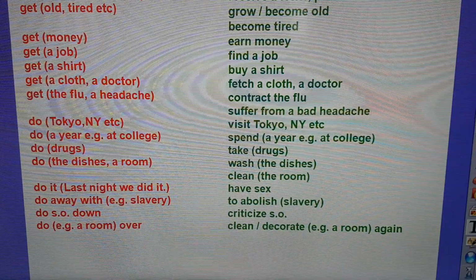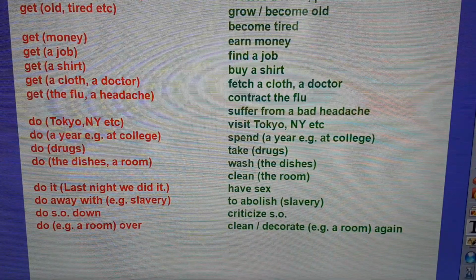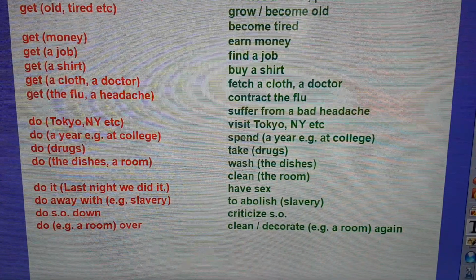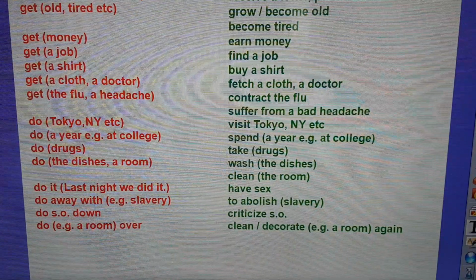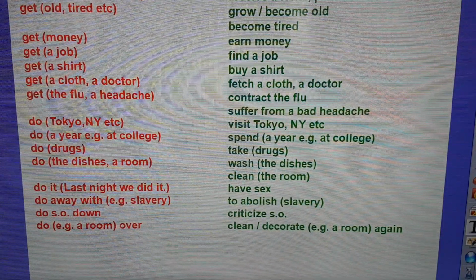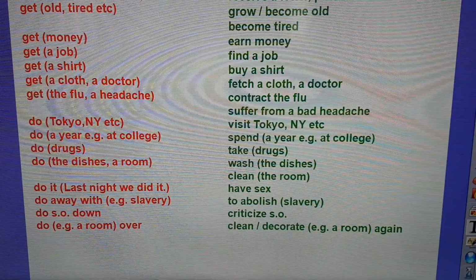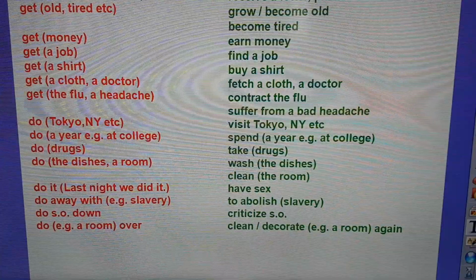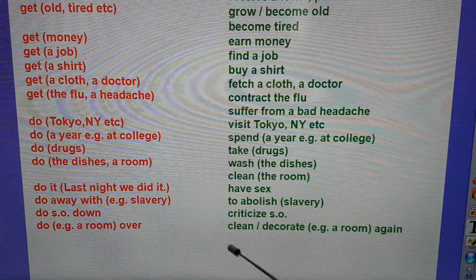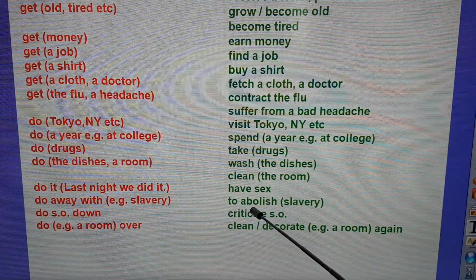To do it, last night we did it. Well, yes, you can say that, but in formal language, people have or had sex last night. To do away with, for example, slavery, use abolish.